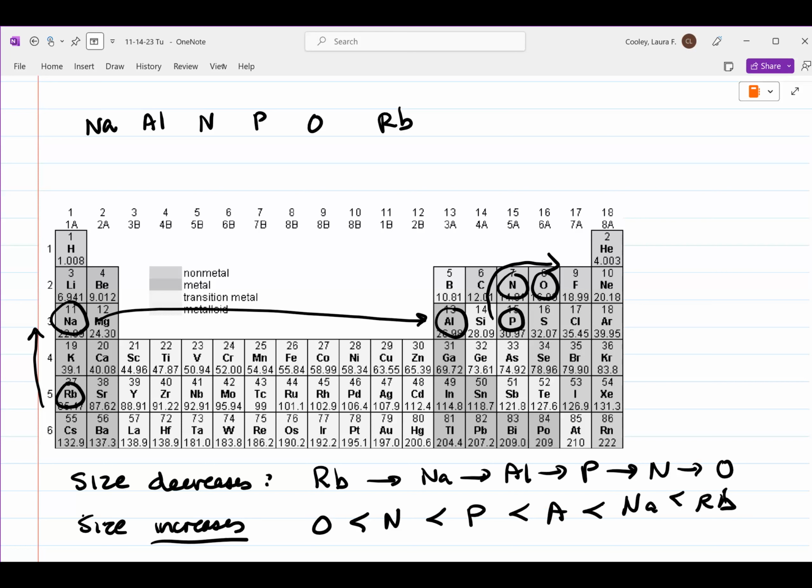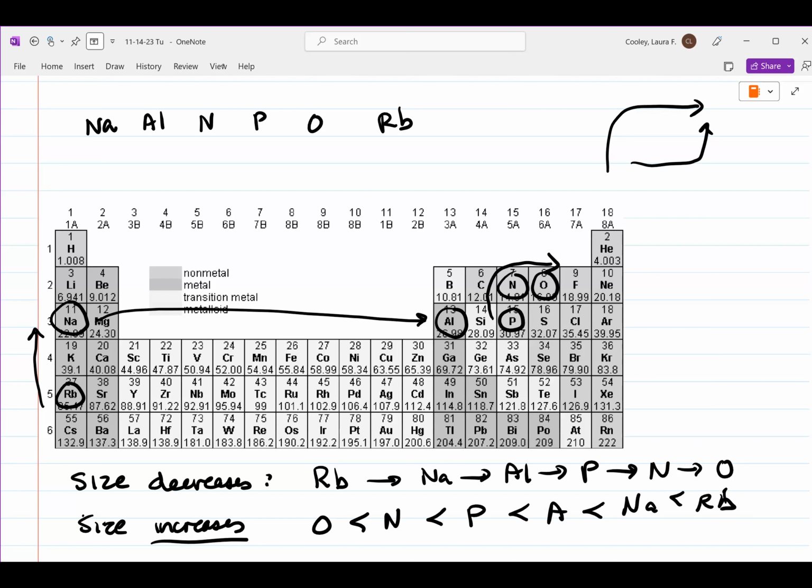So that is an easy way to determine trends, is to use the fact that you have these changes in a very understandable way as you go across and up the periodic table, and to arrange the atoms.